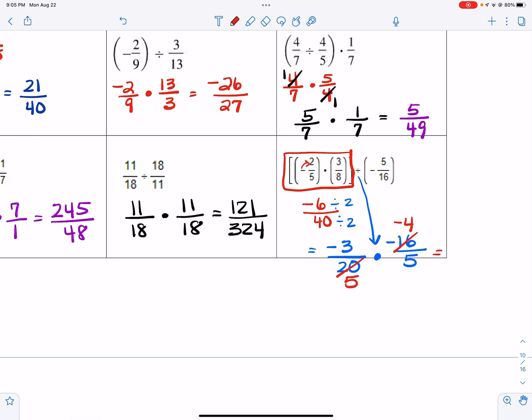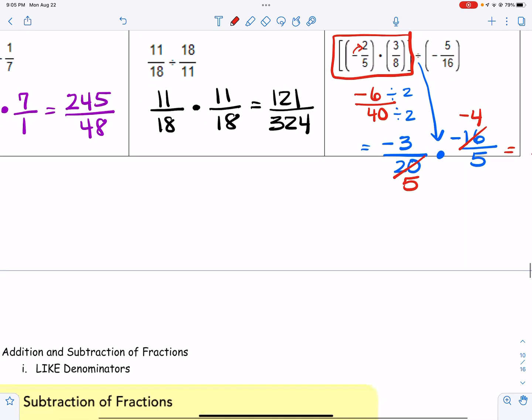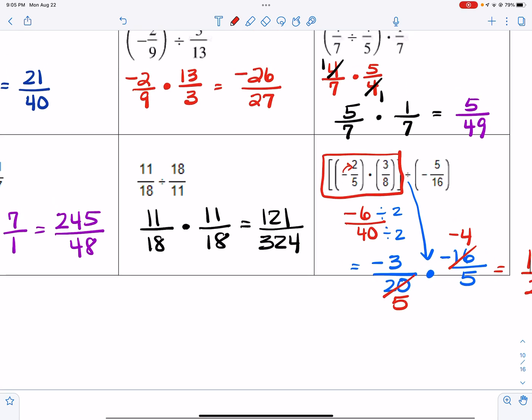So now I've got negative 3 times negative 4, which is positive 12, and 5 times 5, which is 25. Okay, so that ends the multiplication and division. I'm going to create another video for addition and subtraction of fractions.